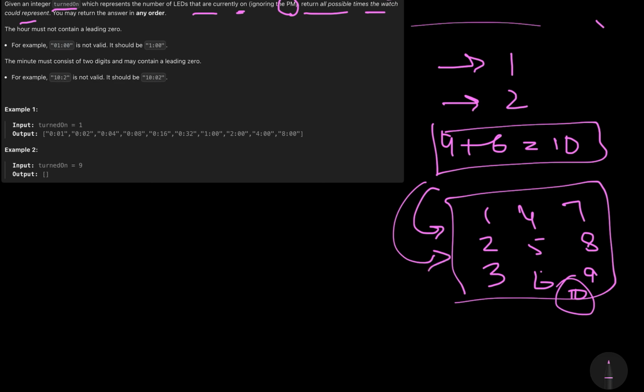We have to return the timings that are possible. Suppose one LED is turned on, so any of these times could be there.